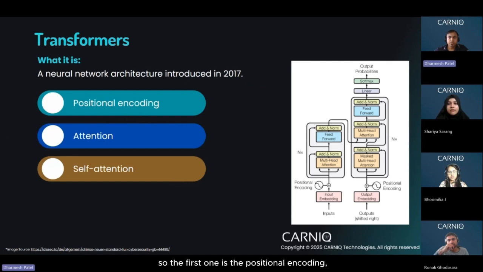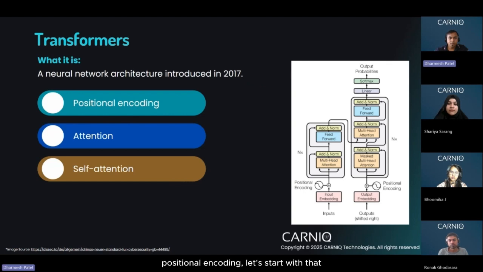The first one is position encoding. Second is attention, and the third, the real innovation, is self attention. So these three are the common things.